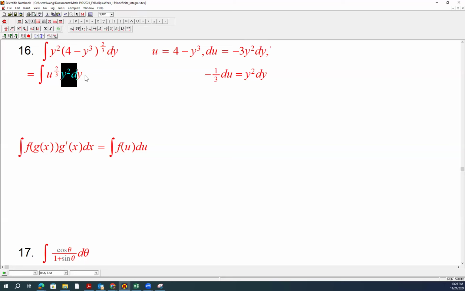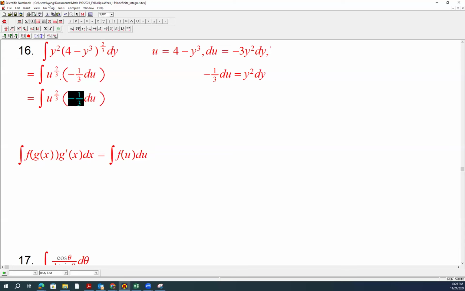Okay, so that piece will be replaced by this. The parentheses is necessary here, unless you want to bring the negative 1/3 outside, then you would not need the parentheses.